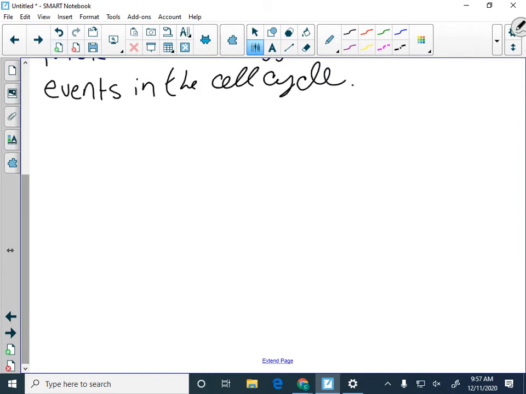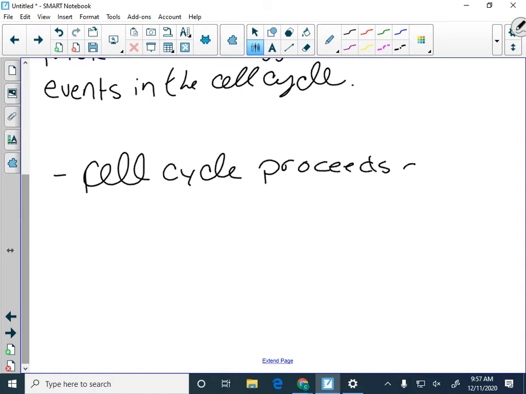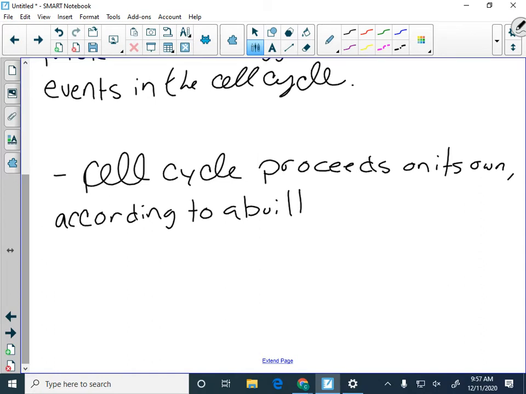So, a cell cycle proceeds on its own according to a built-in clock. But it is regulated by internal and external controls.